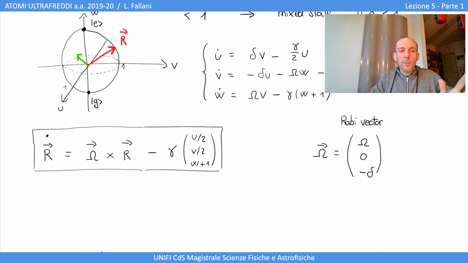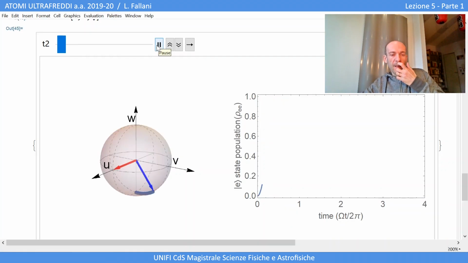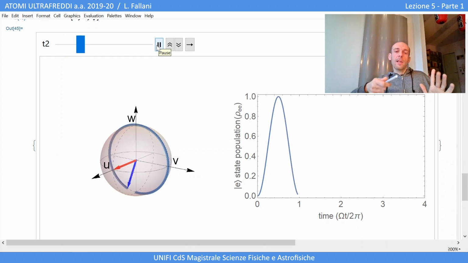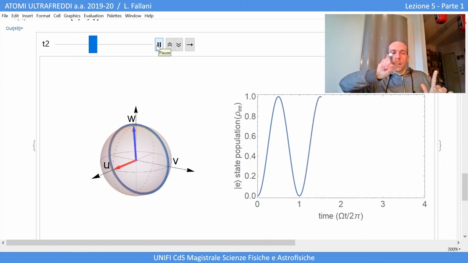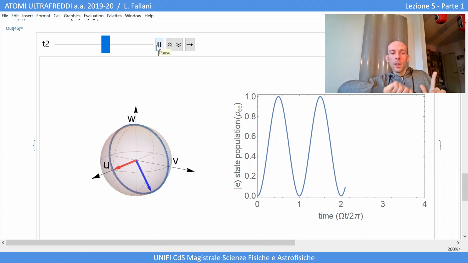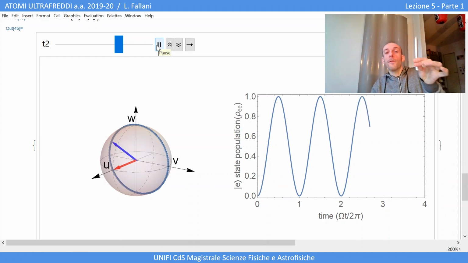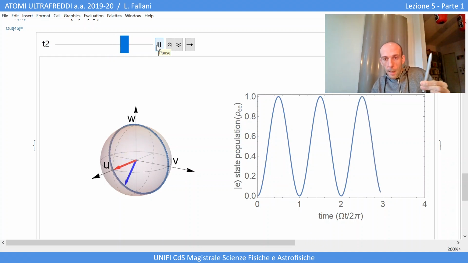So, if you have a Rabi oscillation between G and E, this is basically a circle that is happening on a meridian of the Bloch sphere. In this resonant case, the Rabi vector is along u, and you have this precession of the state vector around the direction of u, and the Rabi oscillation is related to the projection of this Bloch vector along direction w.